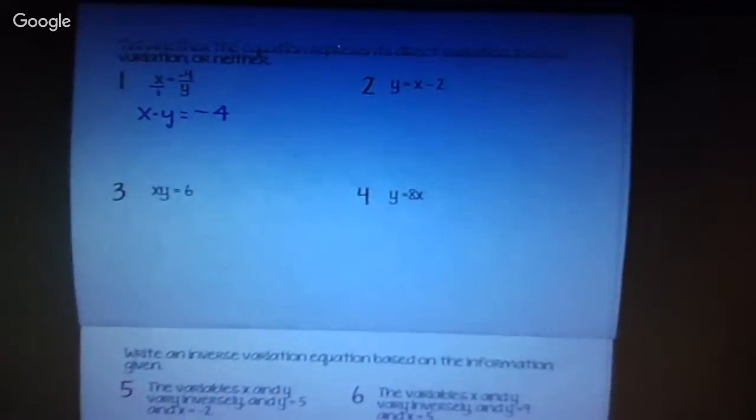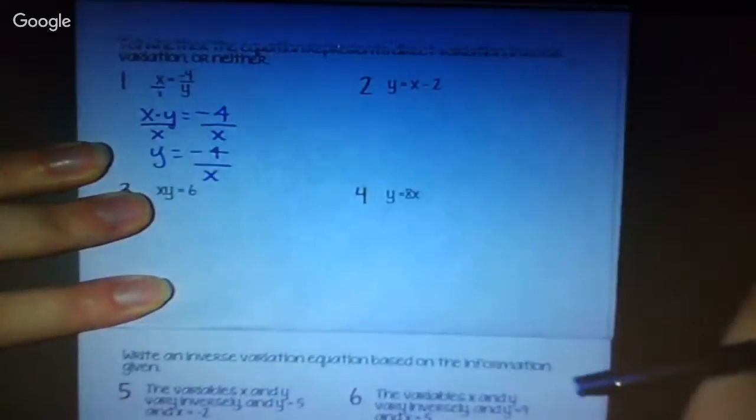Now I need to get y by itself. So what do I have to get rid of? Divide by x. So y equals -4 divided by x. So what is this? This is inverse.